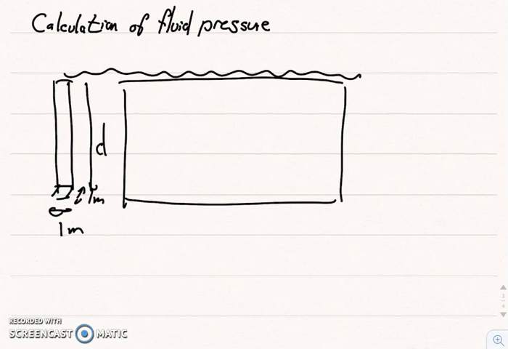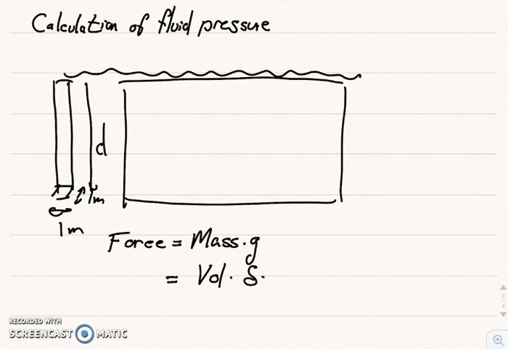Well, to calculate the pressure, we first need the force. The force is equal to the mass times acceleration due to gravity. The mass, in turn, is given by the volume of the column of water above it times the density. So we multiply that times gravity. Volume times density is force, and for that we get what?